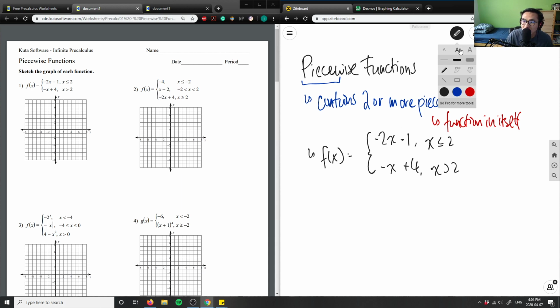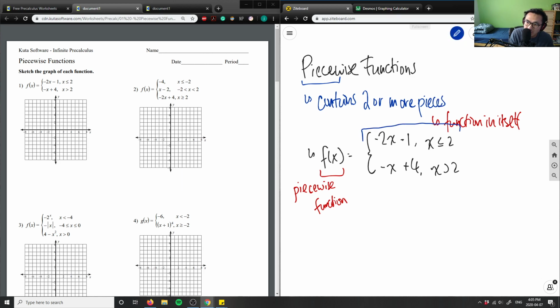So what it says here is that f of x is the piecewise function. This here is the piecewise function, and it's separated into two parts, because you see here. So this is part 1.